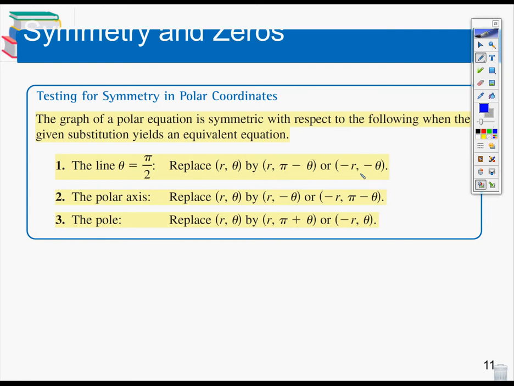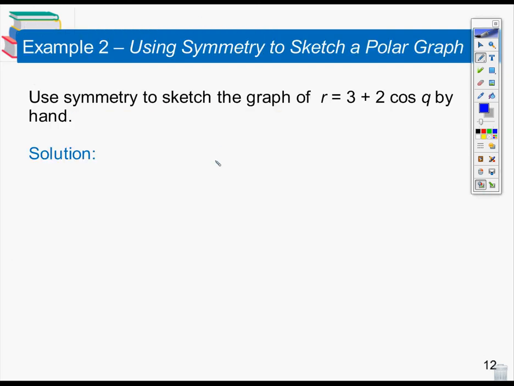And if we do that and we get the exact same answer as with r and theta, then we have symmetry across that thing. And it's the same idea for the polar axis and pole. We're going to replace r and theta with these different values and check to see if we have the same output. Okay, so let's take a look at an example to see what this would look like.